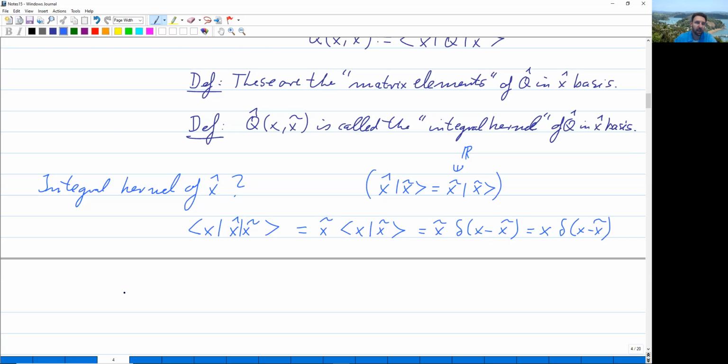So we say x hat is diagonal in the x hat basis. If this were a self-adjoint operator with a discrete spectrum, this would be a triviality. But it's a continuous spectrum, and I'm just saying that we are still using that terminology in practice.